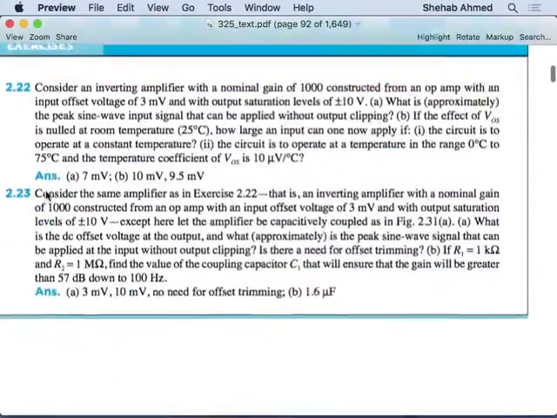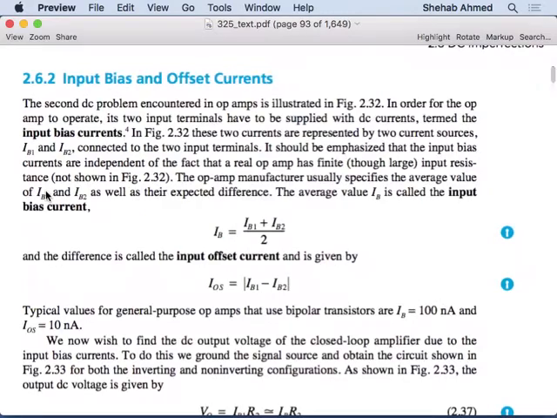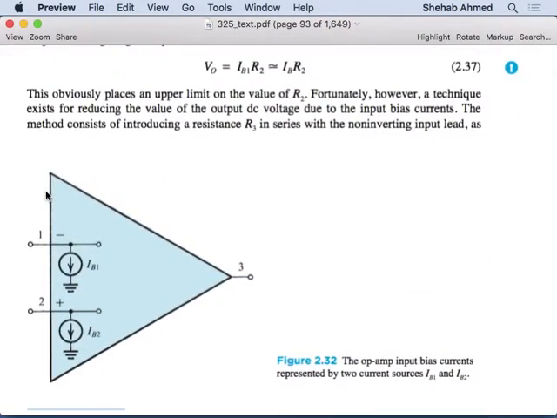Okay, so now what's the next non-ideal issue? Bias currents. We've always assumed the currents flowing into the terminals of the op-amp to be zero. This is not the case. Because you have transistor circuits inside, and we will see as soon as we finish the diodes chapter, transistors require some bias current to operate.